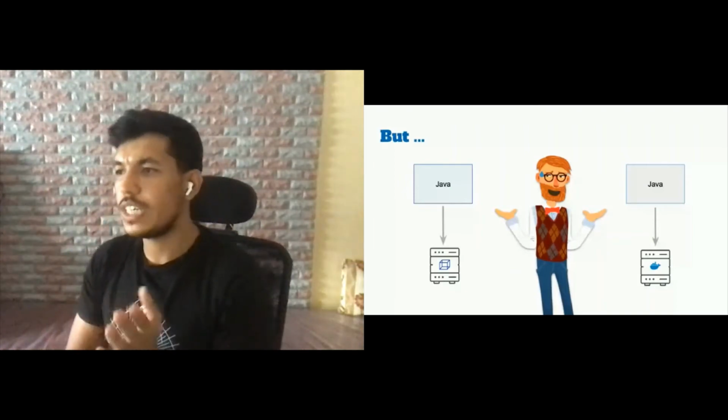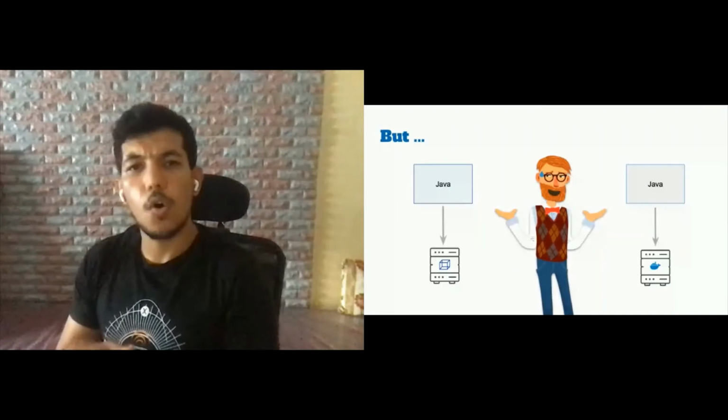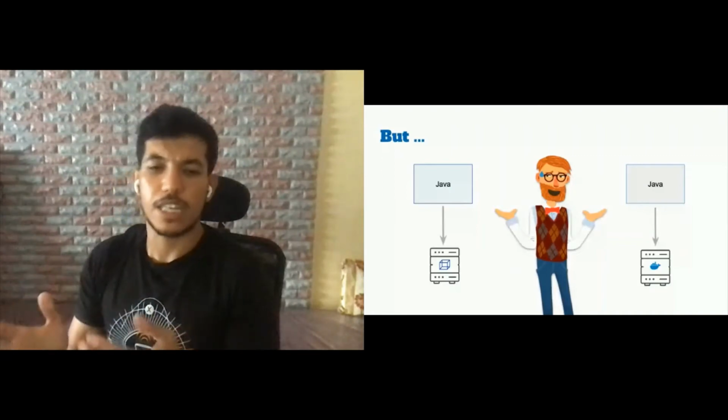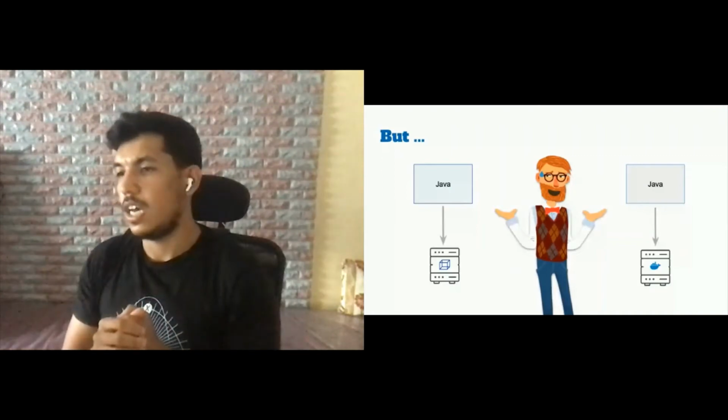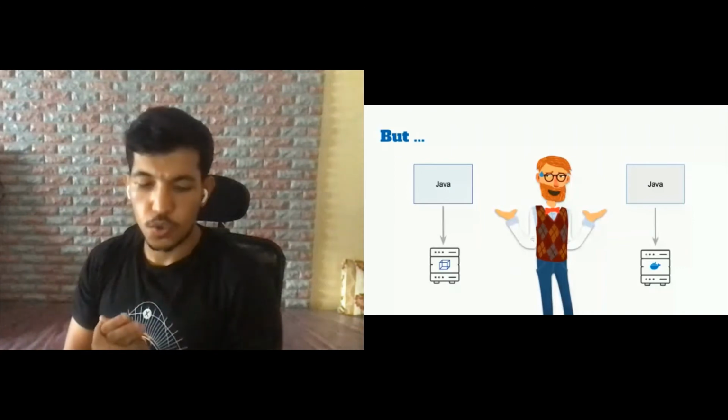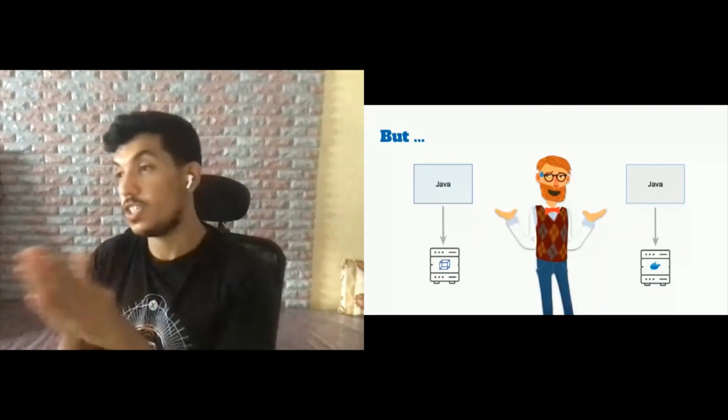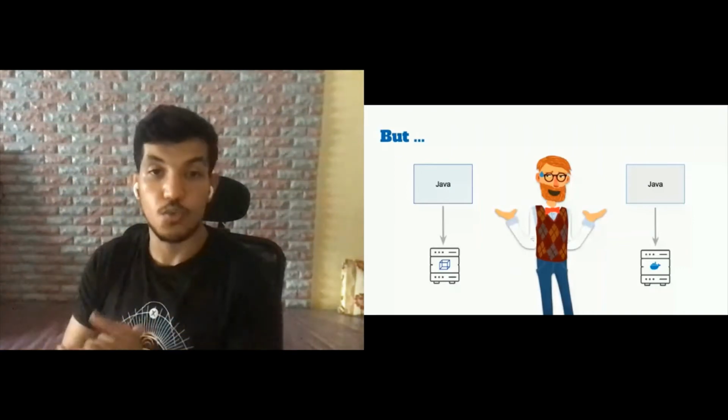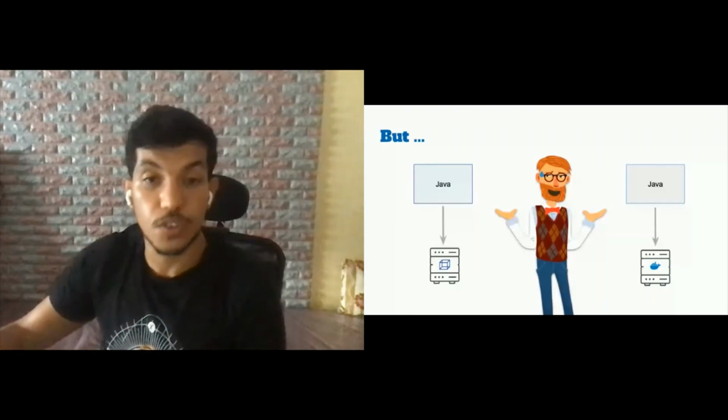And then he was wondering if we can use the same old tools that we are familiar with, like Maven and Gradle, that we already use to generate our Java archive, to generate this new unit of deployment, which is container images.